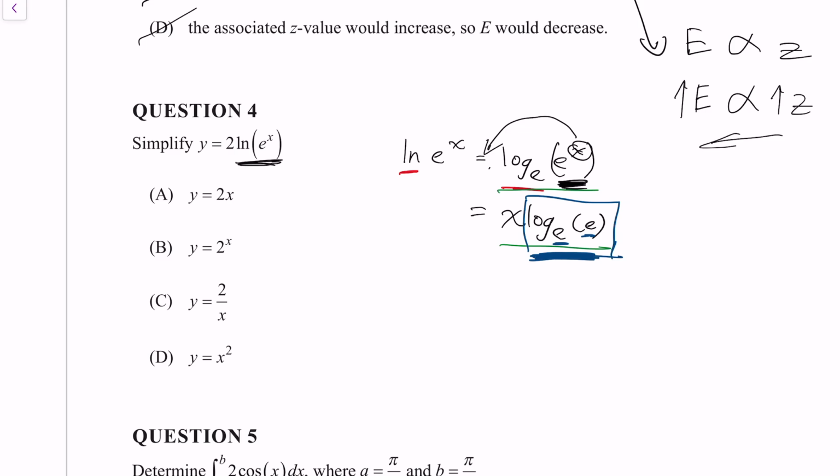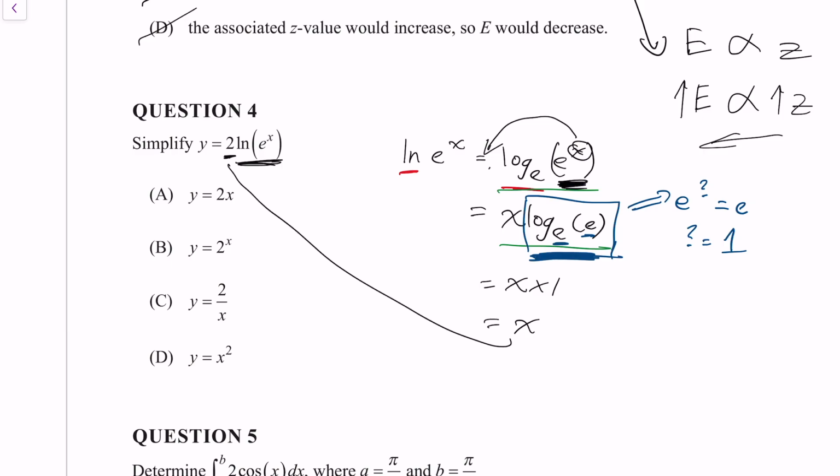In exponent form, it's e to the something equals e, and that something is just 1. So it's x times 1, which is just x. But we need a 2 in front as well, so 2x. That's question 4's answer.